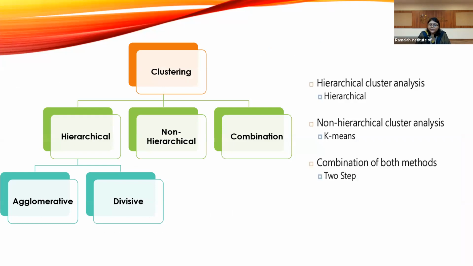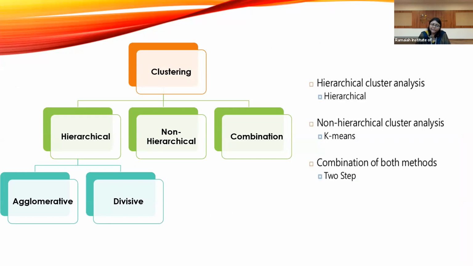Now, when we are talking about clustering, this clustering is done in three phases. The first phase is the hierarchical cluster analysis. The second one is non-hierarchical analysis, and the third one is the combination of both. That means both the hierarchical as well as the non-hierarchical. Now, in this hierarchical analysis, we have again two types of analysis.